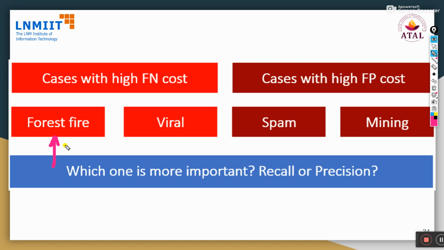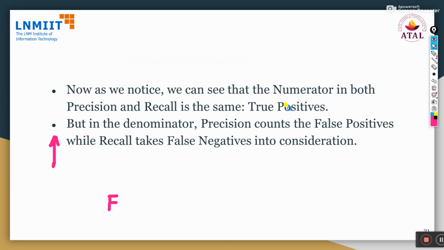So in the case of high false negative cost, when we are having high FN, what was that, I just forgot. Recall.